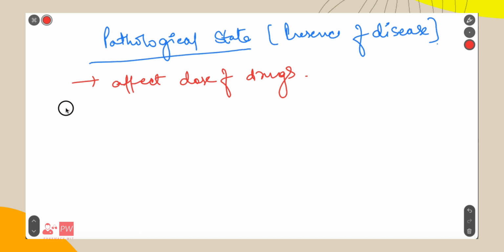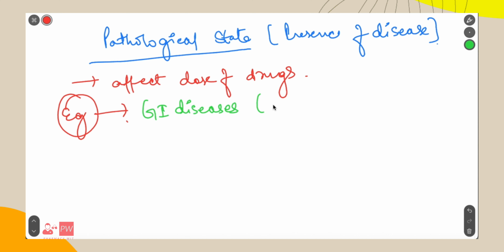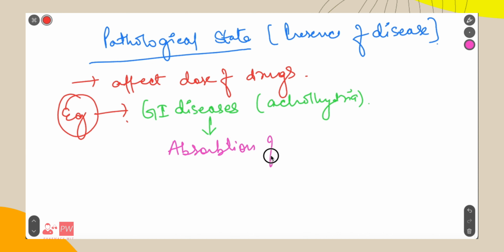For example, gastrointestinal diseases like achlorhydria. Achlorhydria is a condition which reduces the secretion of HCl acid in the stomach. In this state, the absorption of aspirin decreases.